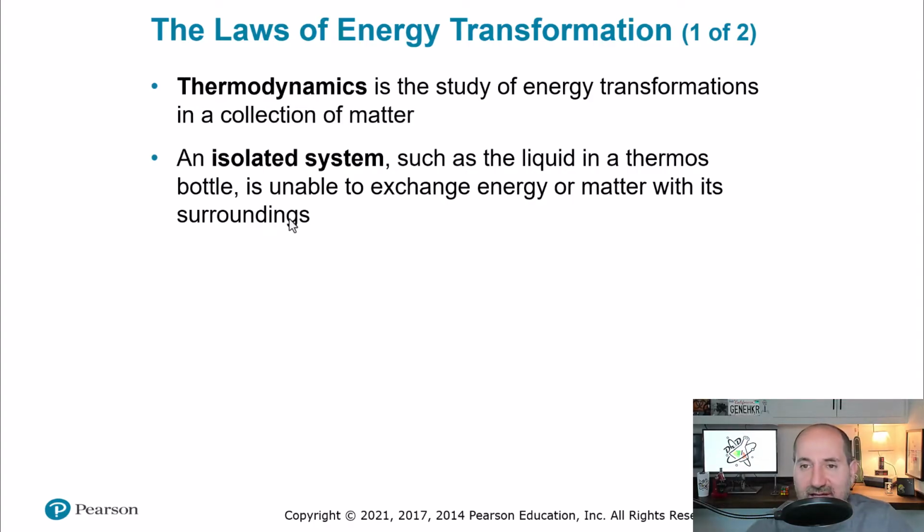That would be an example of an isolated thermodynamic system where whatever is happening in that thermos is unable to exchange energy or matter with its surroundings, right? So if you're studying thermodynamics, the study of energy transformations, and you're studying what's happening in a perfect thermos, then whatever's happening is just happening in that thermos, and the surrounding environment has no effect on that, okay?